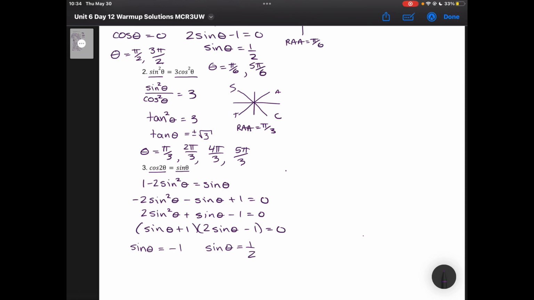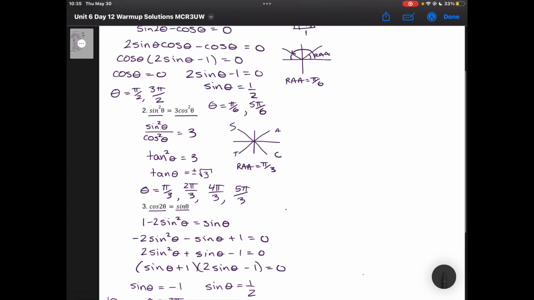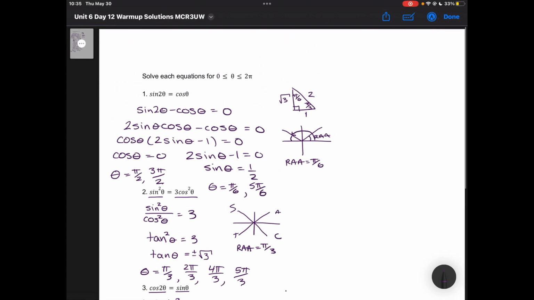So on the left-hand side, this is when sine theta is at a minimum. From my trig graph that I've memorized, I know that -1 happens 3/4 of the way through the sine graph. So theta is going to be equal to 3 pi over 2, 270 degrees. And then from my sine theta equals 1/2, I'm using the same special triangle over here.